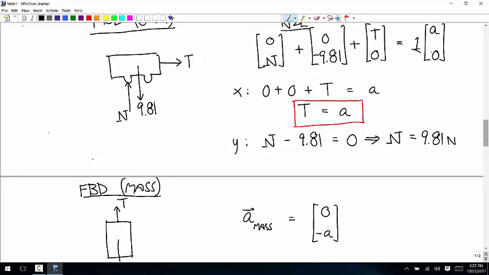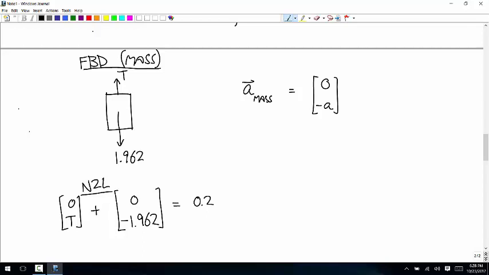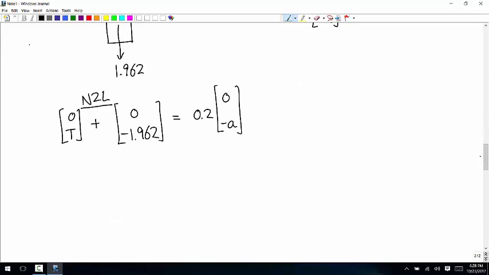Okay, so now Newton's second law says 0, positive T, plus 0, negative 1.962, is equal to the mass times the acceleration vector, 0, negative a. And that gives two equations.